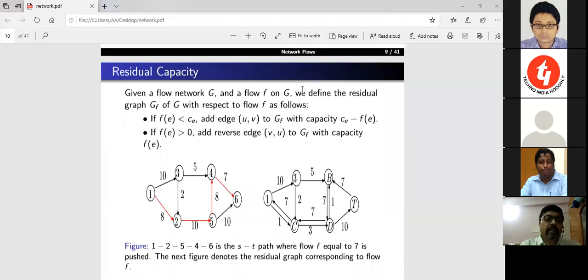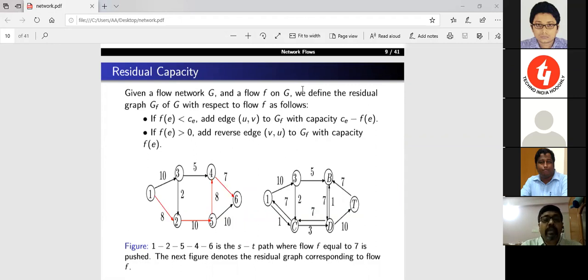Okay, if you look at this example on the left, a strong path would be say 1 3 4 6. That's a strong path, because if you look at it, 1 to 3, the direction of the edge is in that direction, 3 to 4 in the same direction, 4 to 6 in the same direction. So 1 3 4 6 is a strong path.